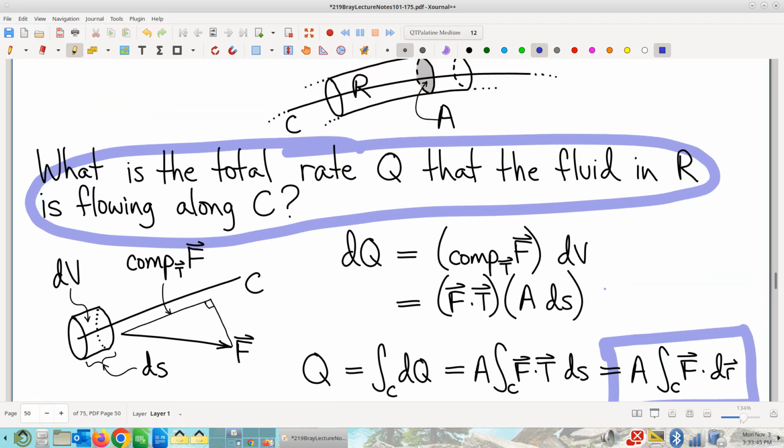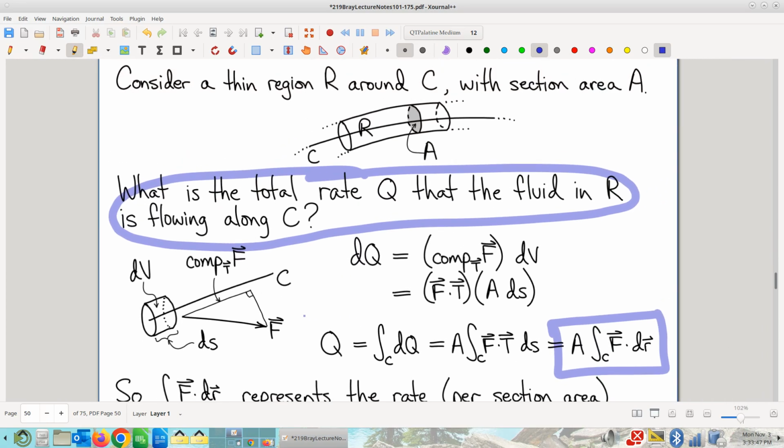So I'm going to propose that, of course, keeping in mind this cross-sectional area, the more area you have, the more fluid there is under consideration, and the more fluid you've got, the more fluid you've got flowing along the curve, right? So in some sense, it's not particularly surprising that the answer is proportional to area. I'm going to call that kind of expected.